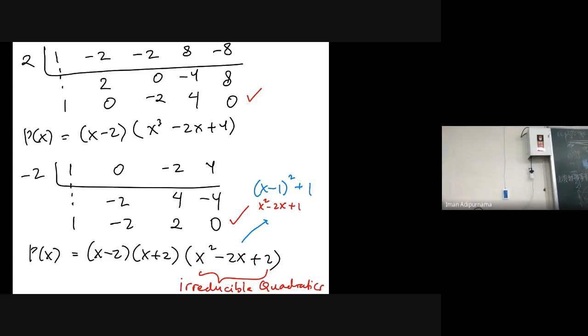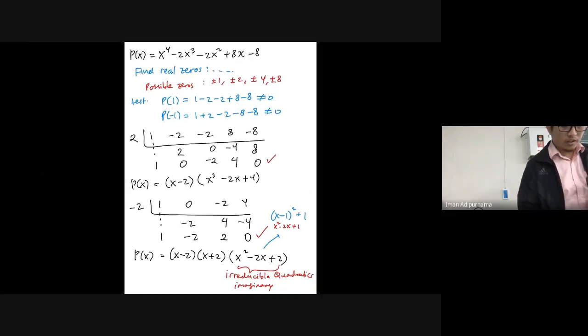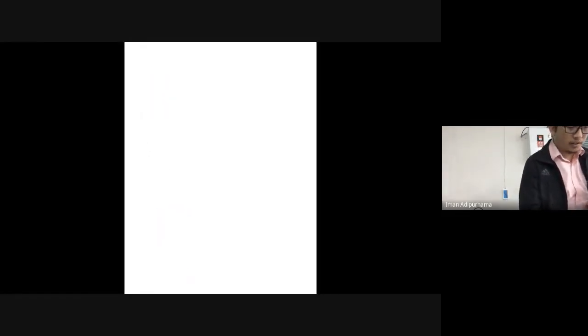There's another method. We call it the rule of signs. So that's how we will go into the next theorem. I will write the name of the formula. It's called Descartes' rule of signs.